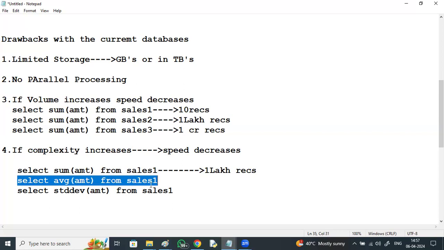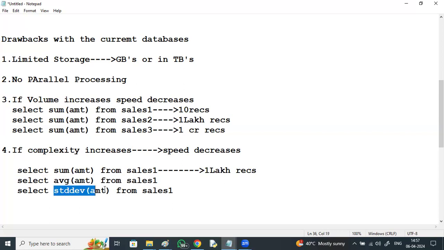So from query to query, complexity is increasing, and if complexity increases, speed decreases.